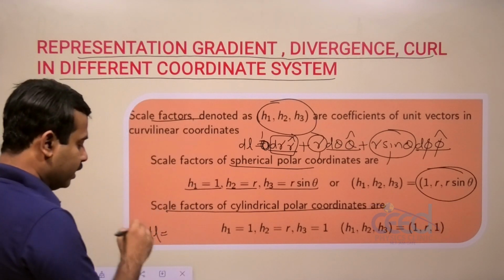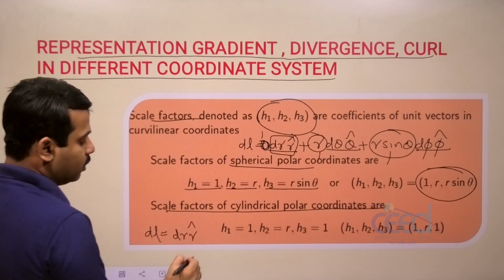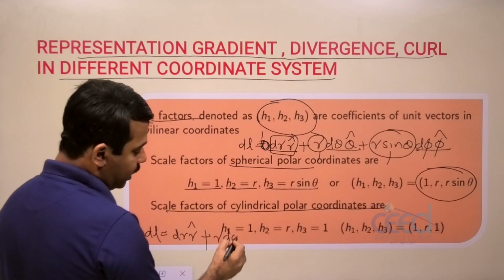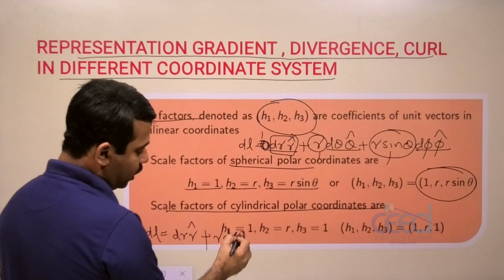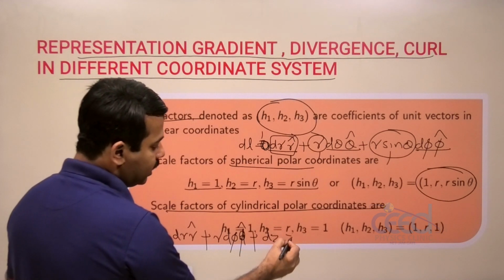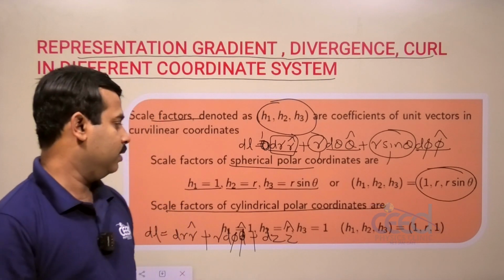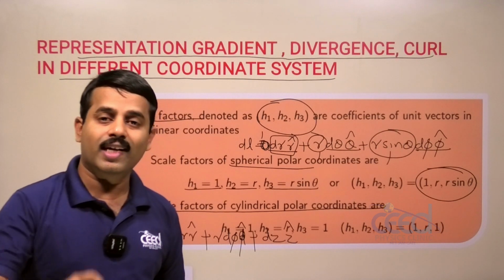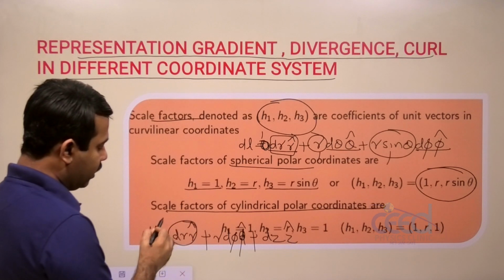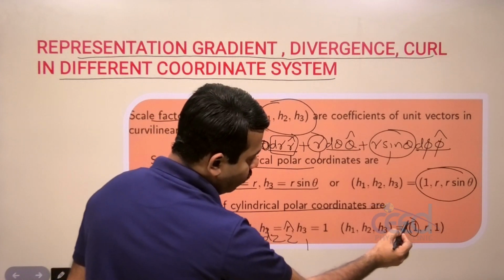In cylindrical polar coordinates, again dr r cap, r d phi, phi cap, and along the z direction dz, z cap. There we studied r, phi, z; in spherical polar coordinate system we studied r, theta, phi. So here what is the coefficient of dr r cap? Again 1, so h1 is equal to 1.